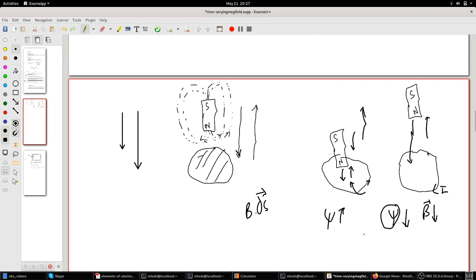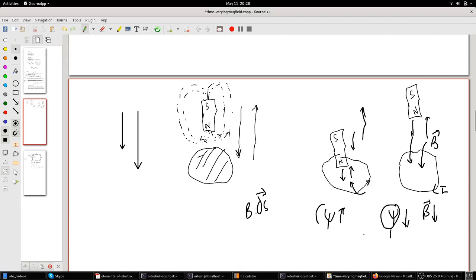My induced B will now be in this direction, which will actually help this flux not go down, but maintain it at a constant rate. So it is basically opposing the change.